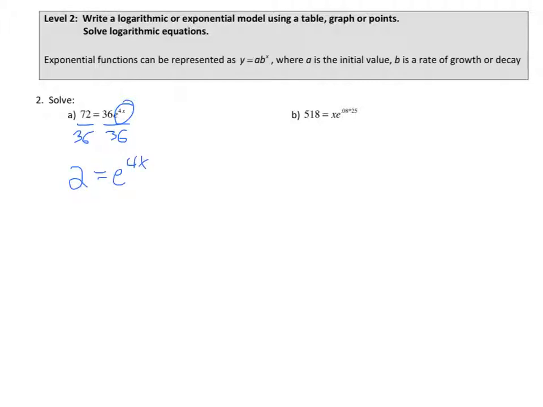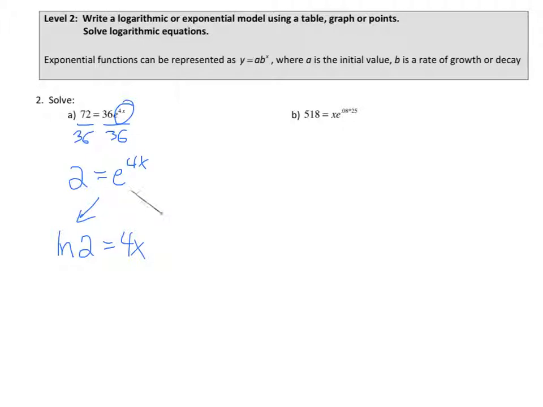Now, once you have your exponential expression isolated, there's kind of two ways you can think about your next step. One method is to change it to log form. And if I do that, I would get log base e, or natural log, of 2 equals 4x.